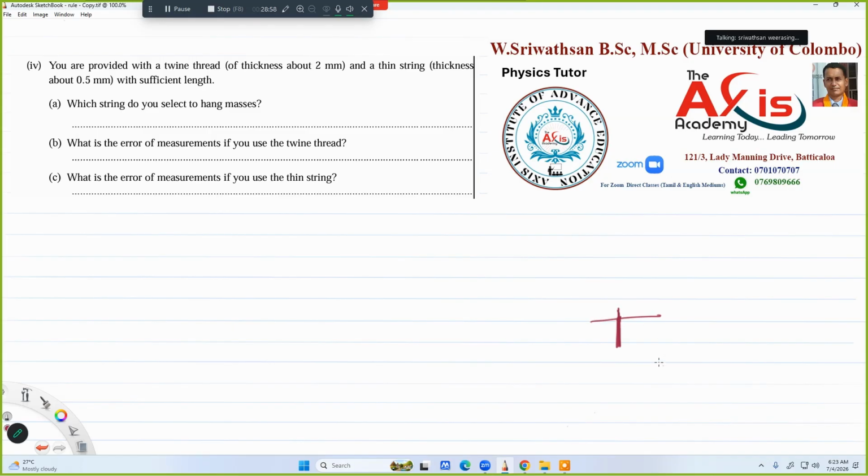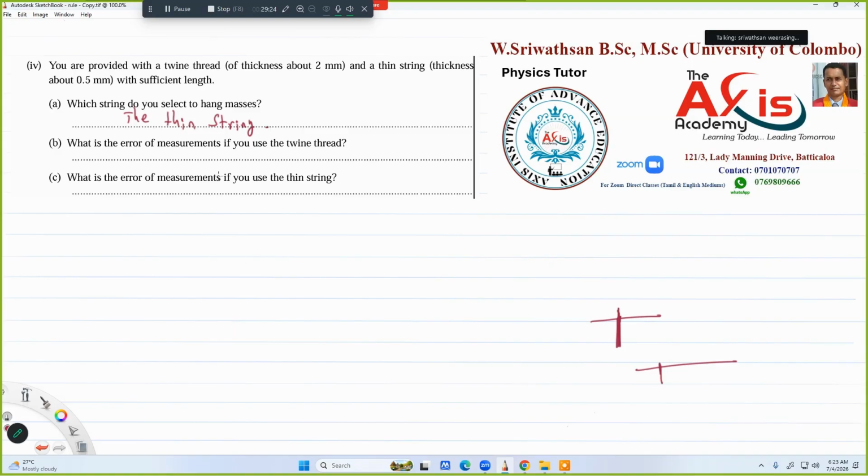If it is a thicker one, then it is difficult. 0.5 millimeter is the best choice because if it is a thin string, then we can easily find the hanging point. So the thin string is the correct option.